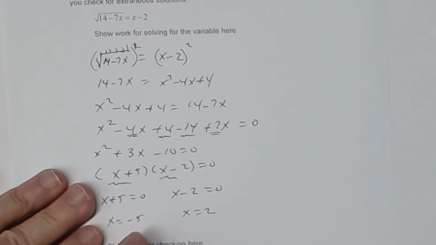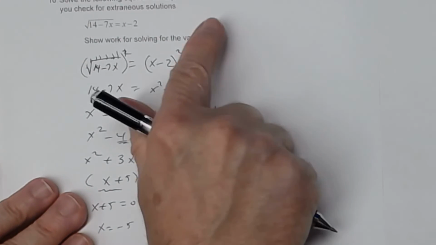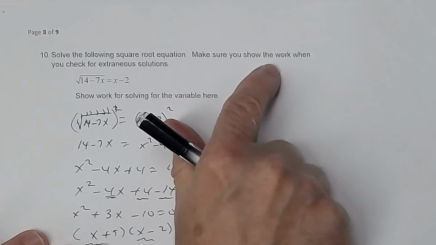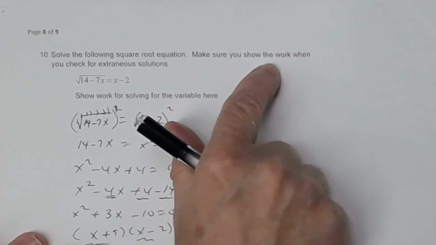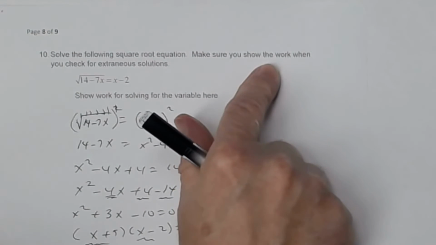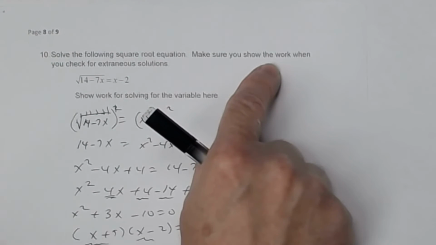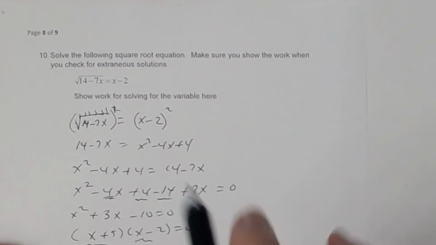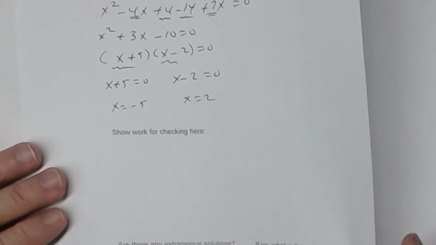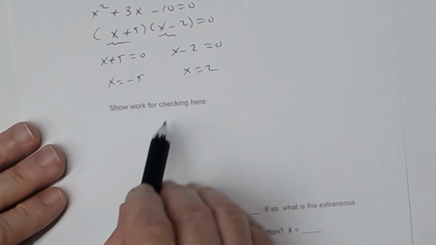All right, so you have to check, and I gave you a hint. I told you, make sure you show the work for when you check for the extraneous solutions. You have to check, and you have to show that you're checking. So show the work for checking here.